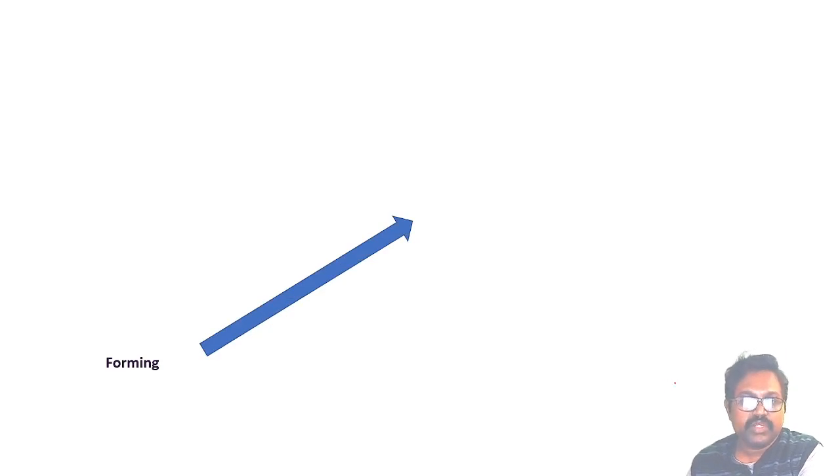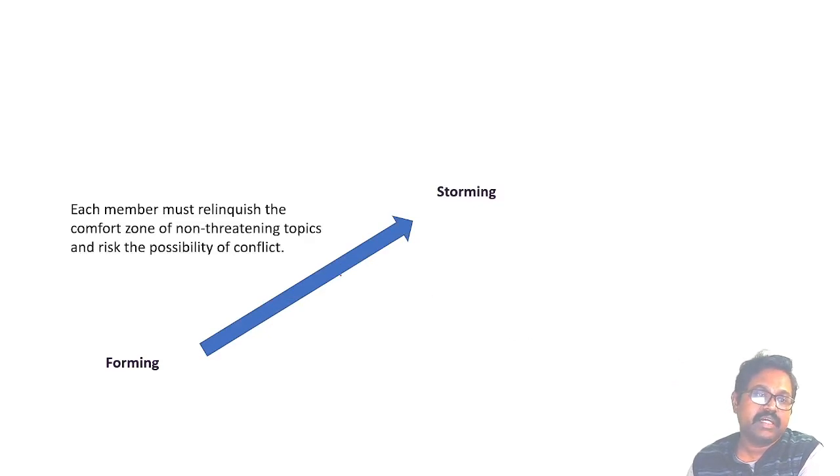Once the group is formed and the leader is chosen, the next stage is entering into the storming stage. This is the process of transition where each member will have to give up their comfort zone and the non-threatening topics, and the risk of possible conflict should be known.